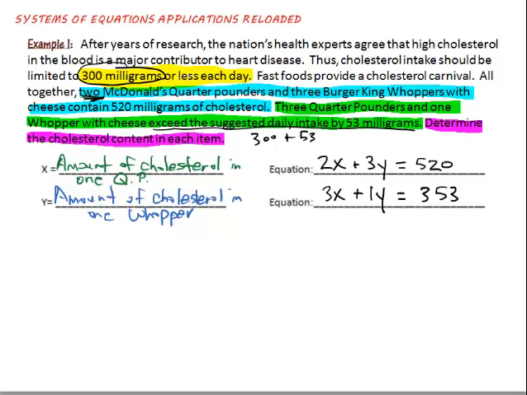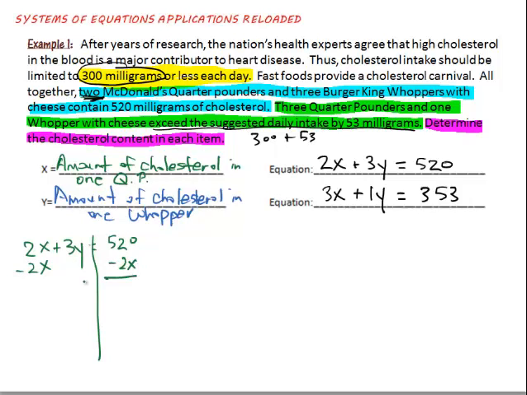We want to put them in the calculator to solve this. If you remember, to solve in the calculator, the first step is to write each equation in slope-intercept form. So we're going to take 2x plus 3y equals 520. We're going to solve it for y. I'm going to subtract 2x from both sides.